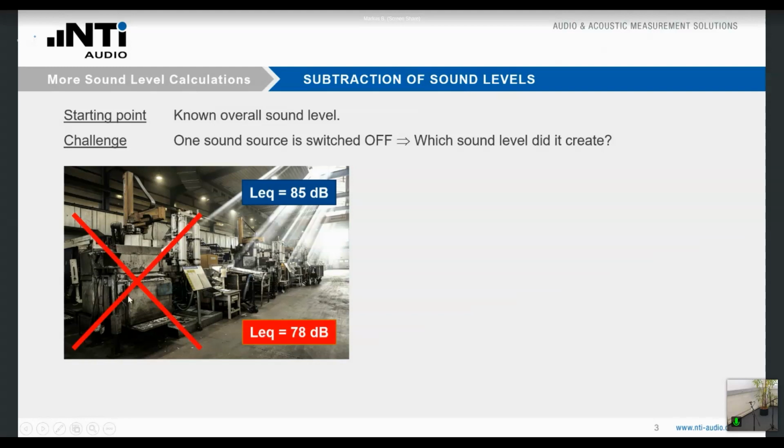So we switch it off, you remeasure because the other machines are still working, still producing their noise, and we come to 78 dB in our second round of measurements. Now the question is, with these two values, can you determine the amount of noise that is coming from this specific machine? The answer is yes.